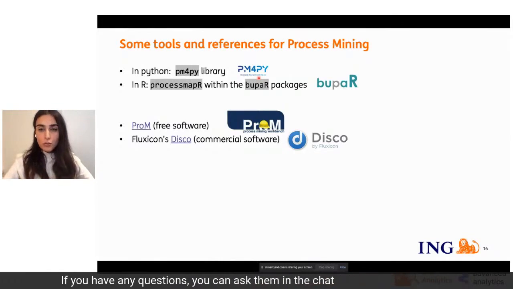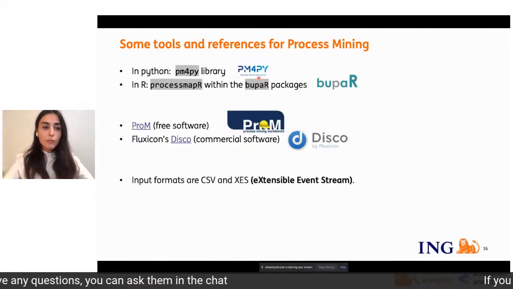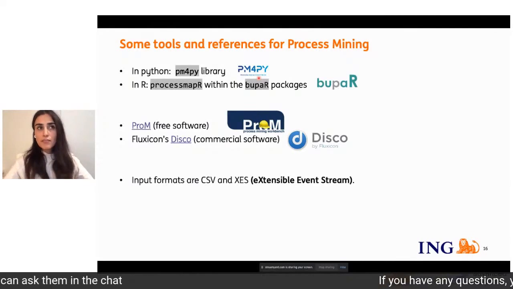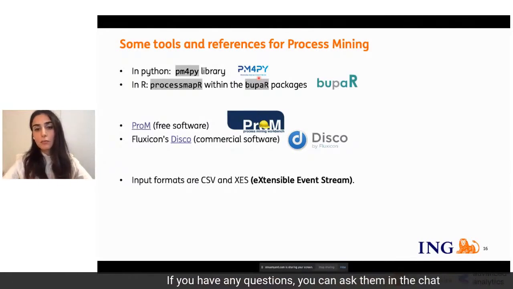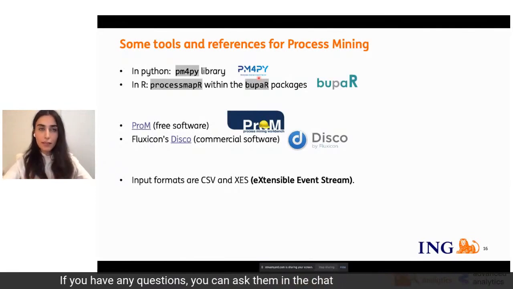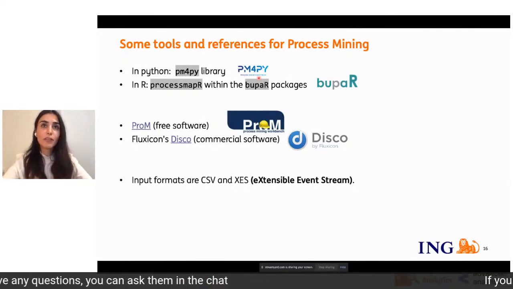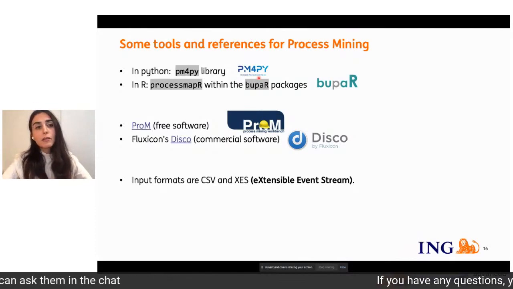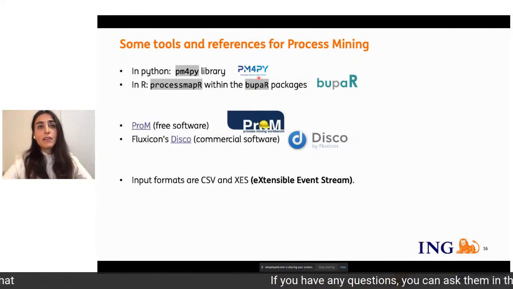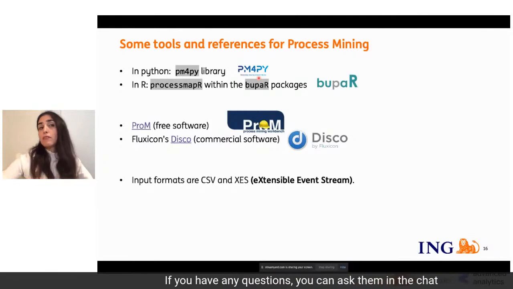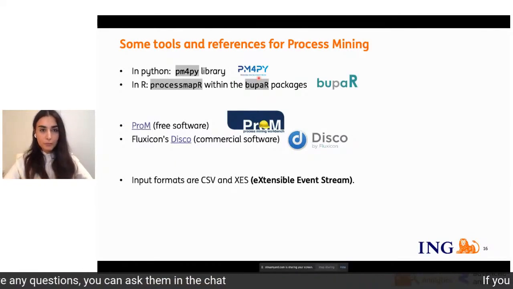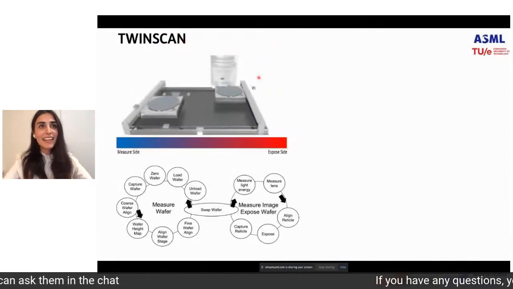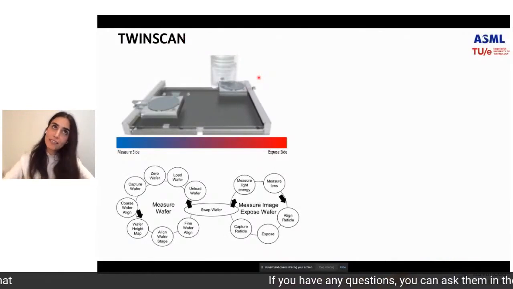And for all of these tools and libraries, the input is simply CSV files or XES format files. XES, an XML-based language, extensible event stream, recently became the main format for process logs, basically.